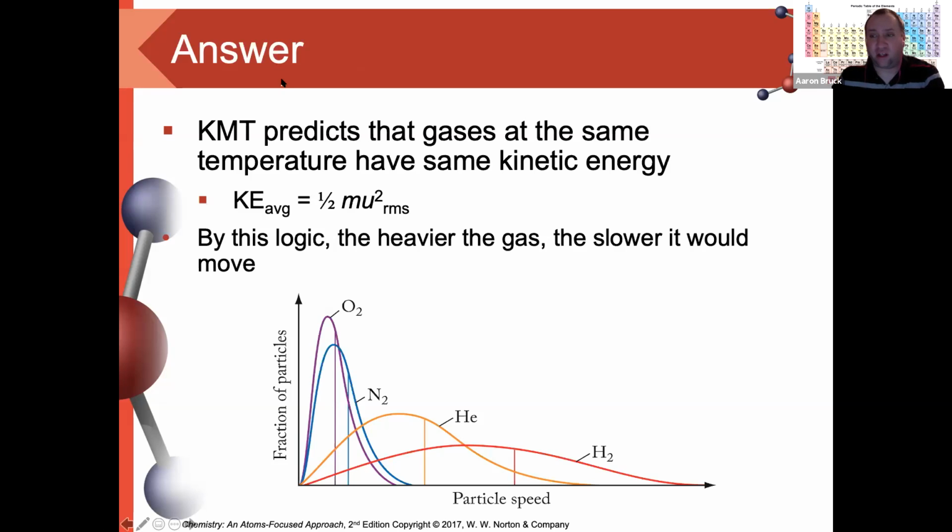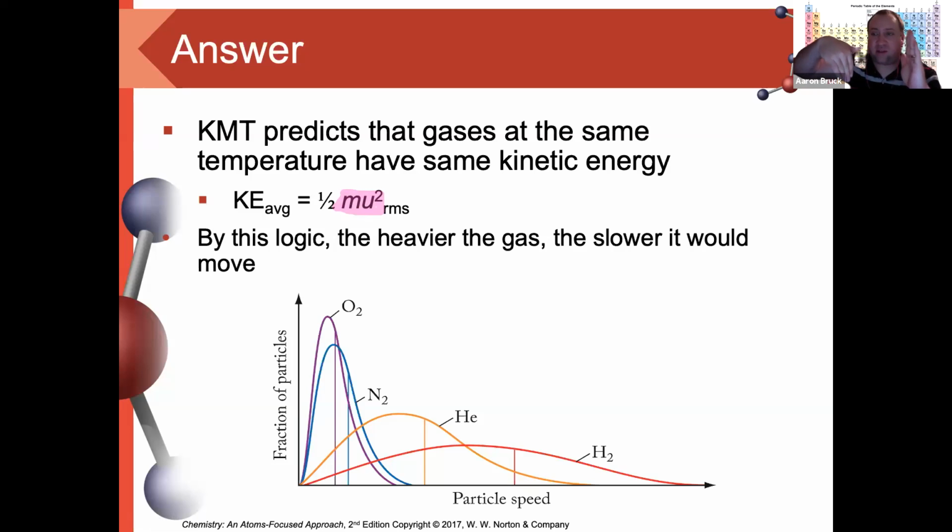Now, kinetic energy, if you've had physics, you will know that kinetic energy is equal to 1/2 times mass times the velocity squared. Well, given that relationship, we can see that mass and squared velocity are indirectly related to each other, inversely proportional. If the mass is going up, the velocity, the speed, has to go down by a proportionate amount to keep the kinetic energy even.